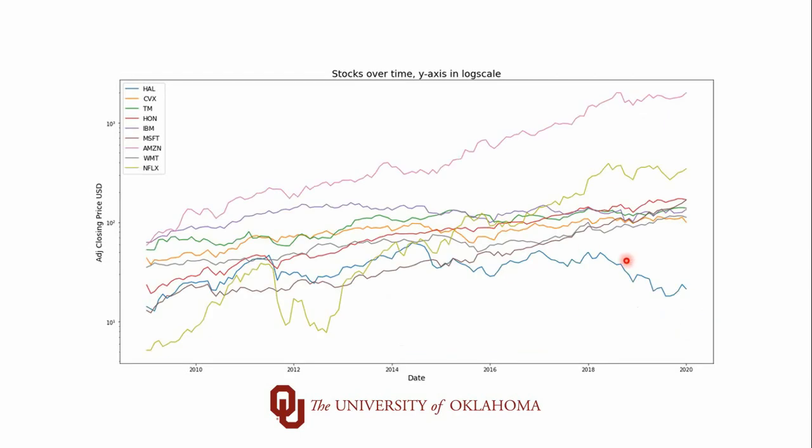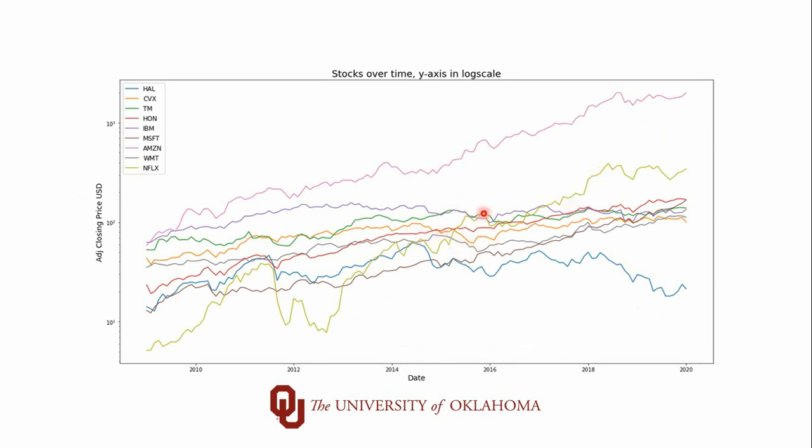Now on this graph, this is the same plot as we saw on the previous slide, just that it's plotted on a log scale on the y-axis. Here it can be observed that Netflix has some important fluctuations over time.